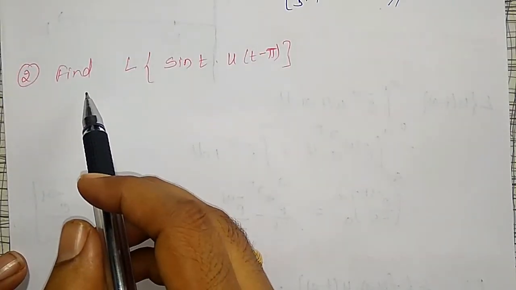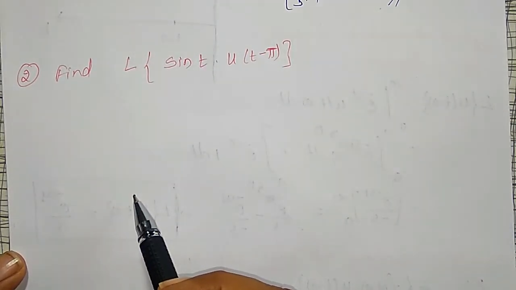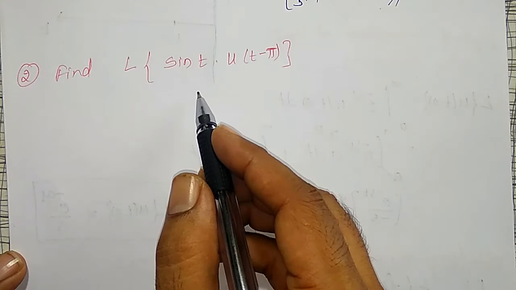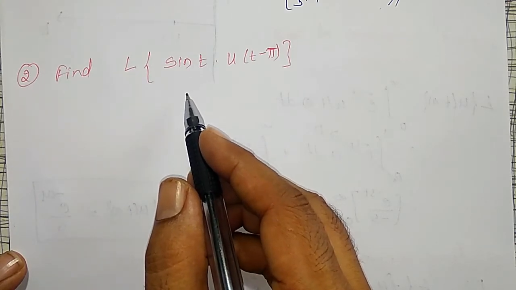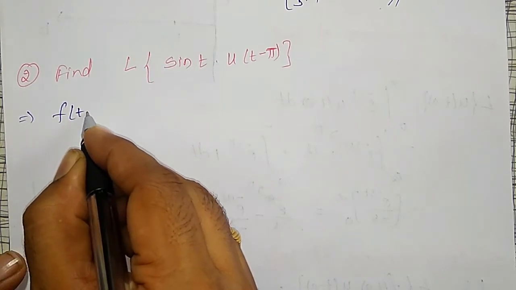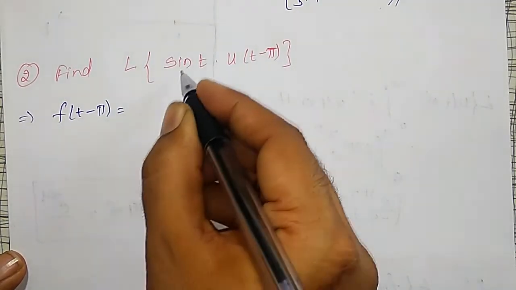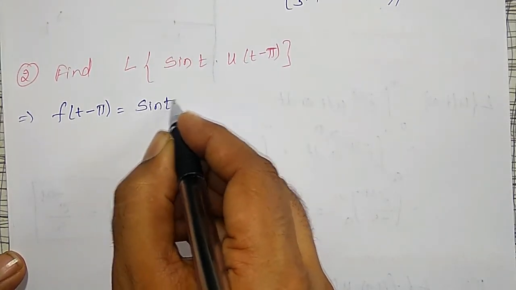Next one: find the Laplace transform of sine t into u of t minus pi. Here, comparing again with the definition of the left hand side, f of t minus a, that is t minus pi, is equal to sine t, as given.